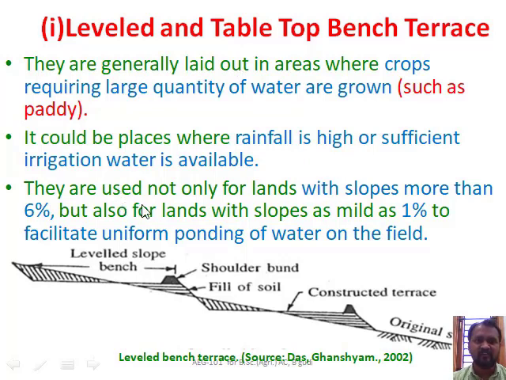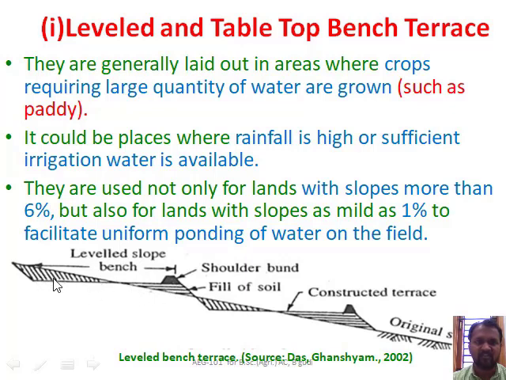This type of bench terrace is not used for lands with slopes of more than 6%, but also for lands with slopes as mild as 1%, to facilitate uniform ponding of water on the field. So here you can see the level bench terraces. This cut and fill of the soil has been made, and it is a completely flat surface.